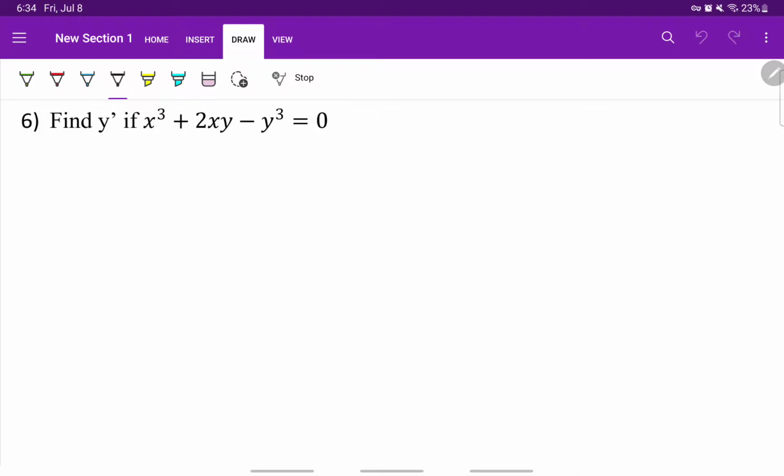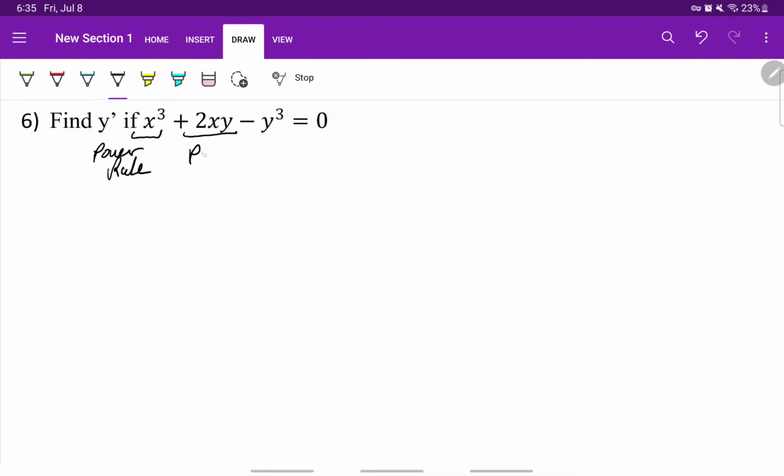So let's first understand what kind of rules of differentiation we're going to be using in each of these steps. For the first term, this is just x to the third power. That is a simple power rule. This here is 2xy, 2x times y.